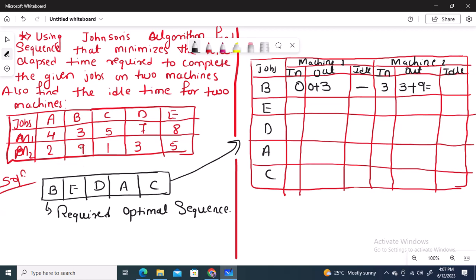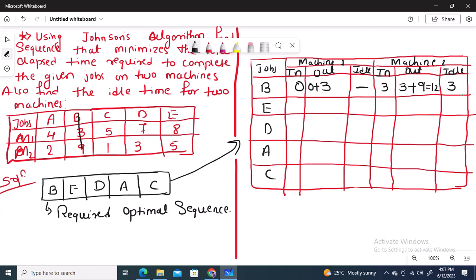So how much is it? 12 hours. Is there any idle time for machine 2? Yes, because until machine 1 completes its job, machine 2 is simply not working. Machine 2 should wait 3 hours, because 3 hours is the completion time for machine 1. That is the reason idle time for machine 2 is 3. Job B is over.